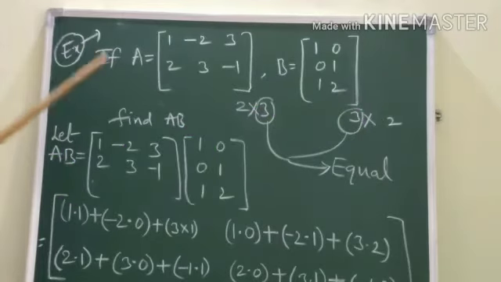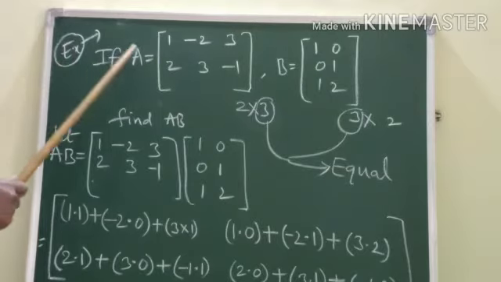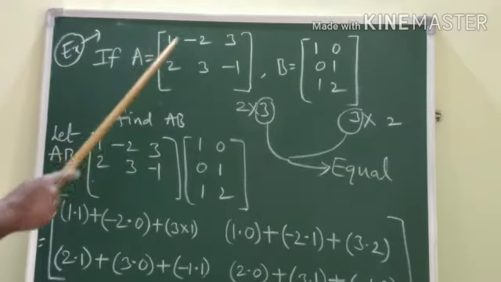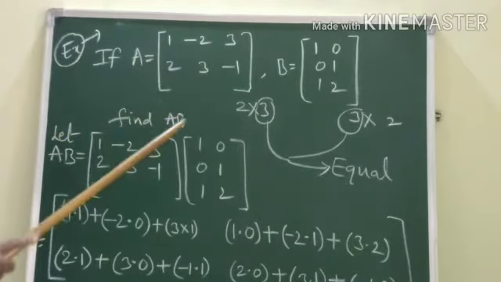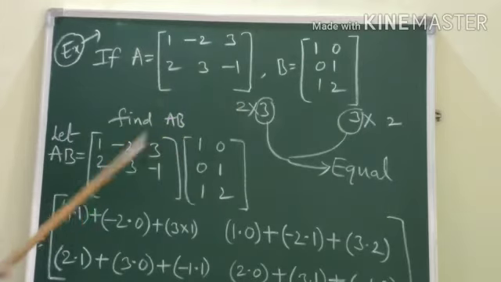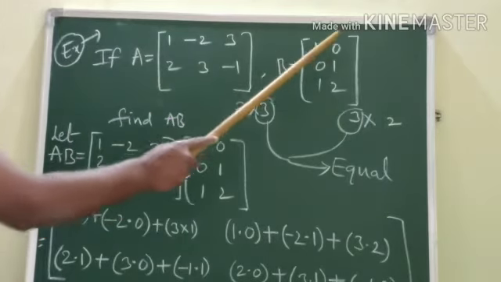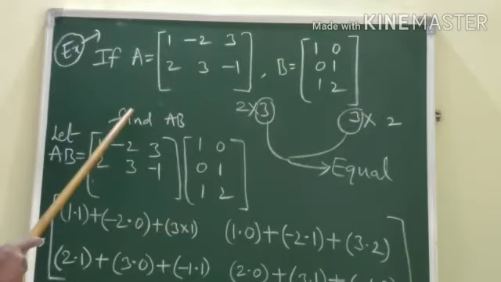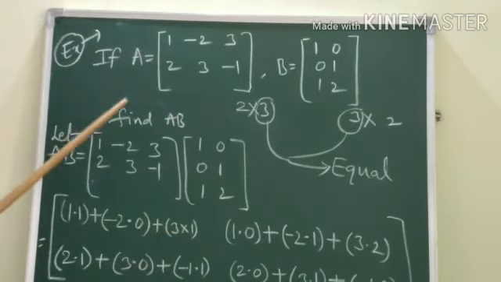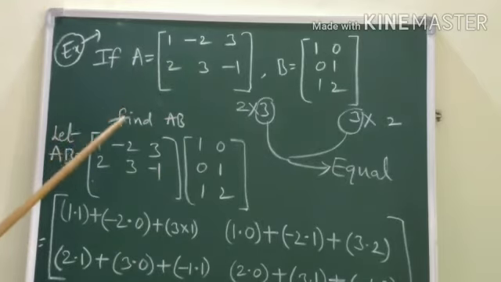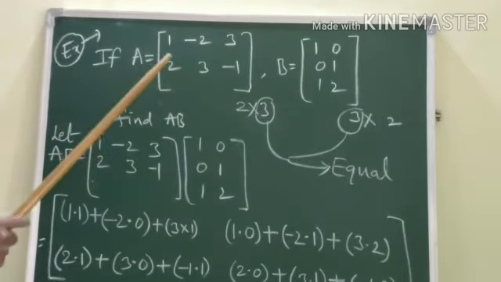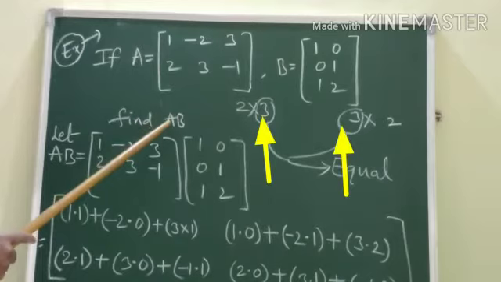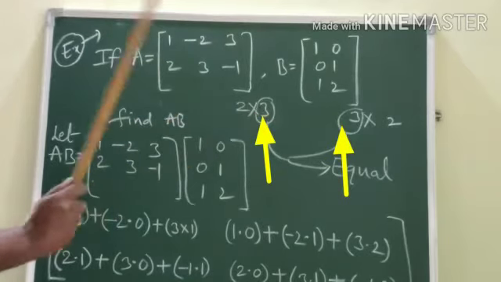Now let us see another example on multiplication. If A is equal to [1, -2, 3; 2, 3, -1], here the order is 2 by 3. B is equal to [1, 0; 0, 1; 1, 2]. The order is 3 by 2. Find AB. First of all, we have to check the condition for multiplication. The number of columns in A is 3.